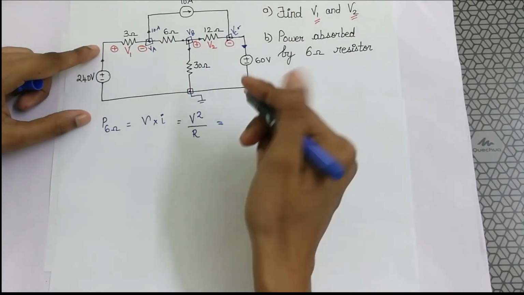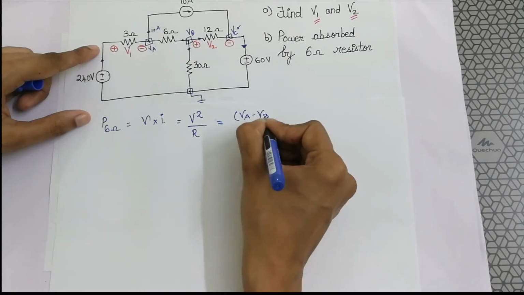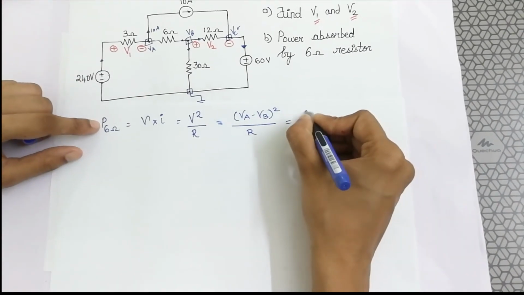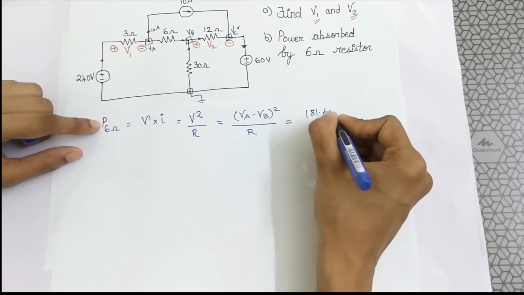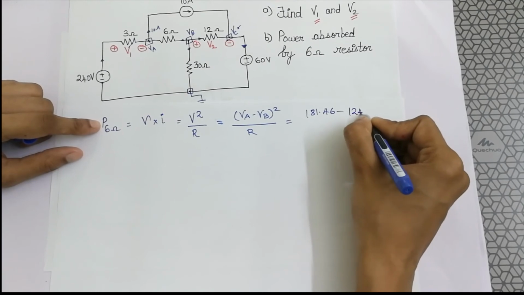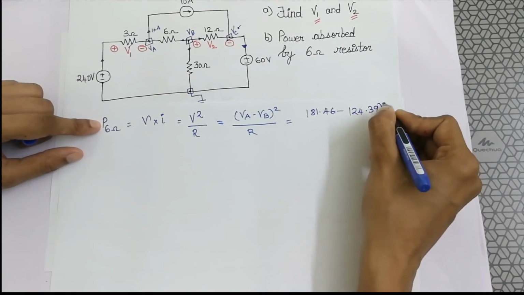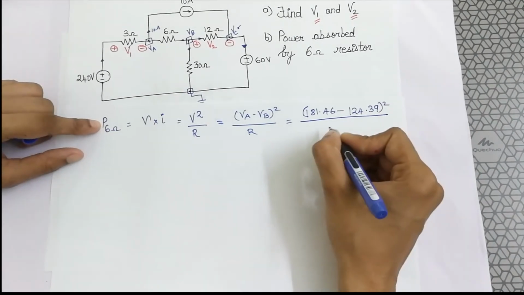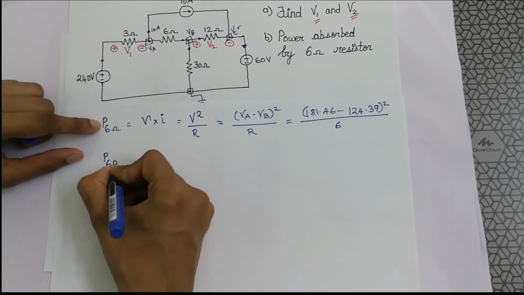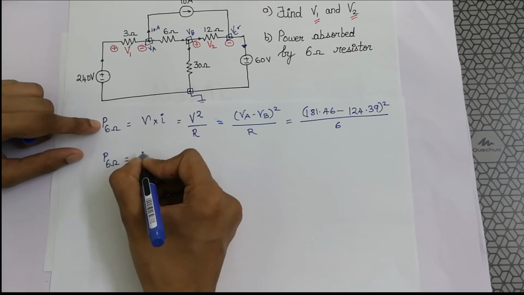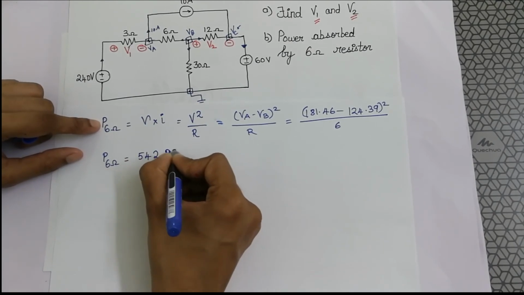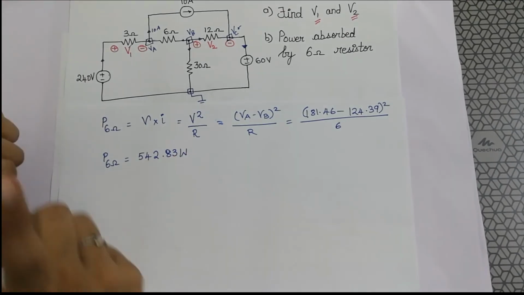VA minus VB, which is 181.46 minus 124.39, whole squared, divided by the resistance 6. So we will get the power across the 6 ohm resistor as 542.83 watt.